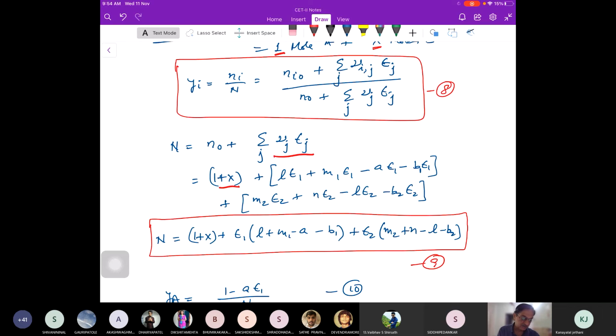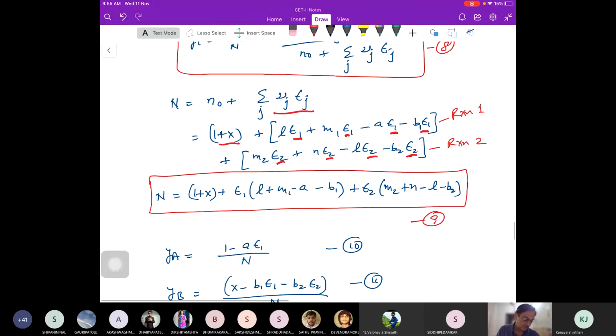So this is for the first reaction, and this is for reaction 2. If you combine these things, you get n is equal to 1 plus x plus epsilon 1, taken out from here, times L plus M1 minus A minus B1, plus epsilon 2, taken out from here, times M2 plus N minus L minus B2.